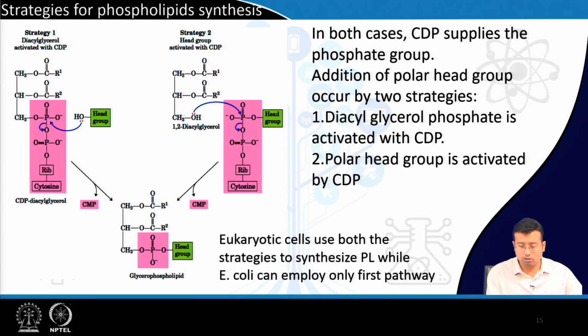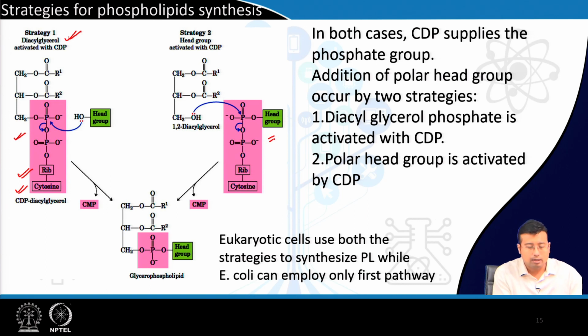Here the phosphate group can be supplied via 2 ways. Number 1, as I told you, CDP means cytosine nitrogenous base, pentose sugar in the form of ribose and the phosphate group. So, CDP can be in the form of diacylglycerol. So, the phosphate group can come from the glycerol side, or it can be in the form of a CDP alcohol.